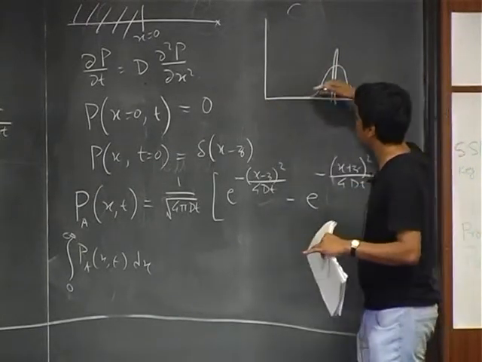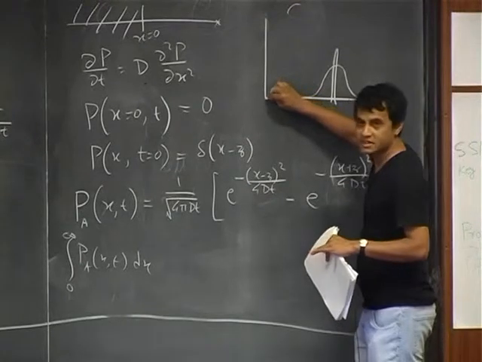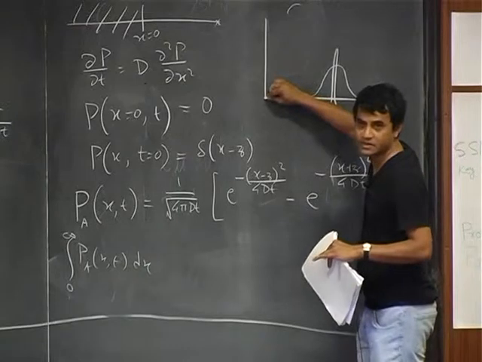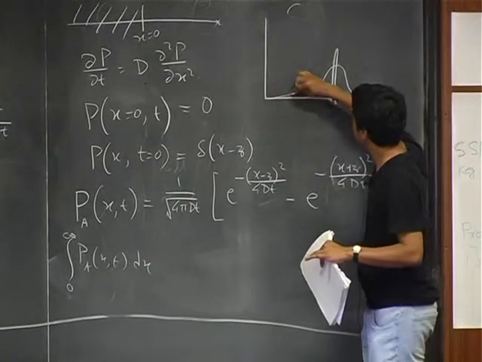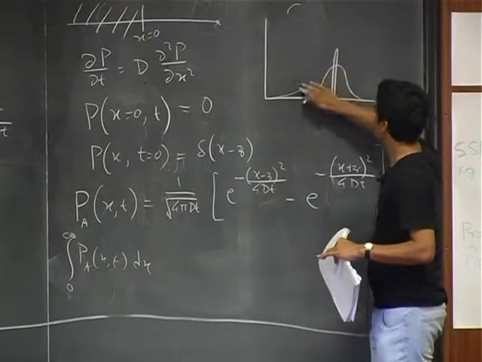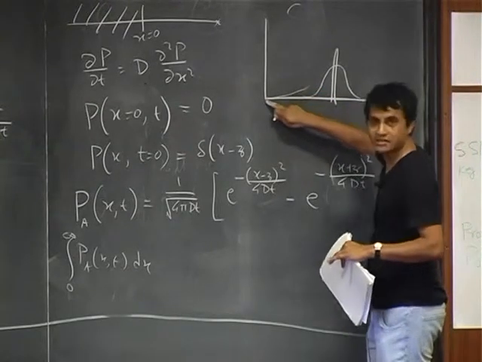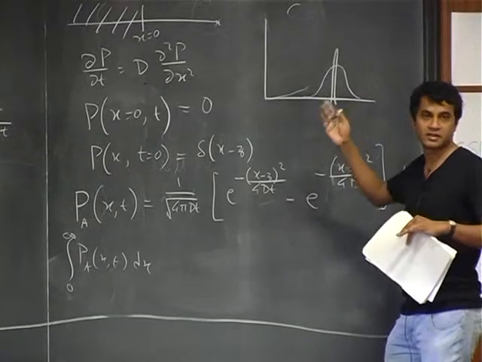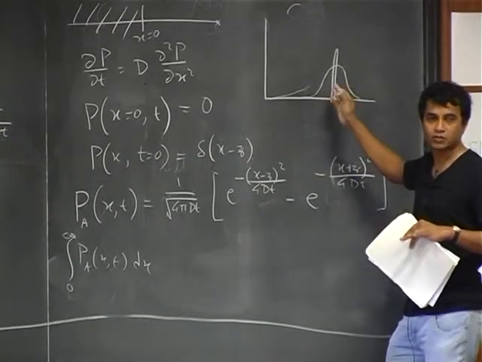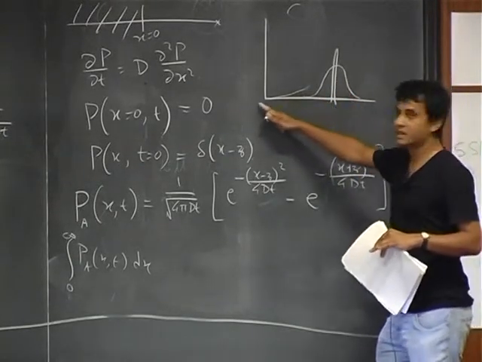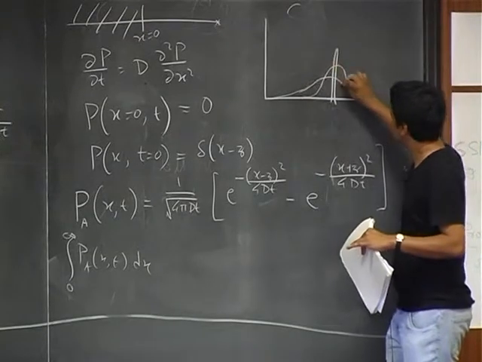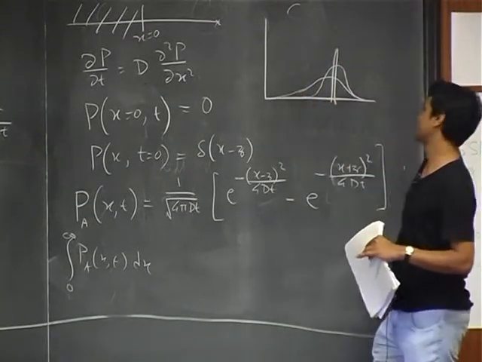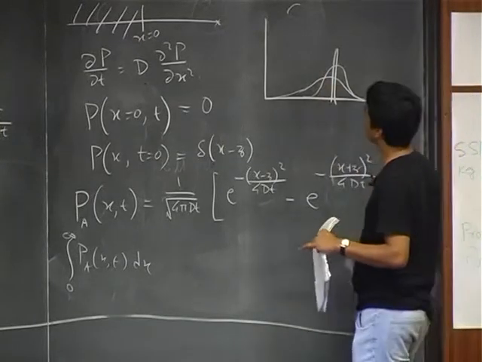It keeps spreading, and once it sees the wall, here it has to be exactly 0. Now things start getting absorbed. The area under the curve is of course the probability. Initially it's 1, but now things are getting absorbed, so it keeps going down. And I'm not sure whether it moves this way or that way.